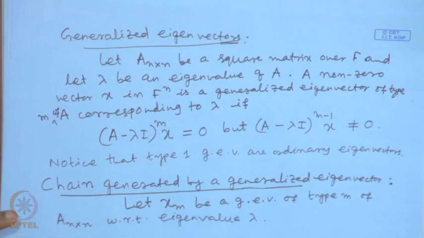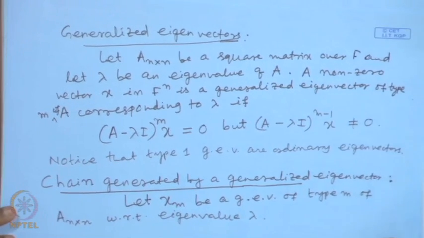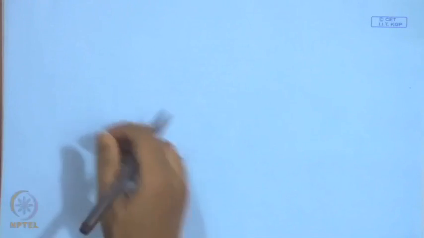Then we get a chain that is generated by this generalized eigenvector x m, and here we define the chain like this.